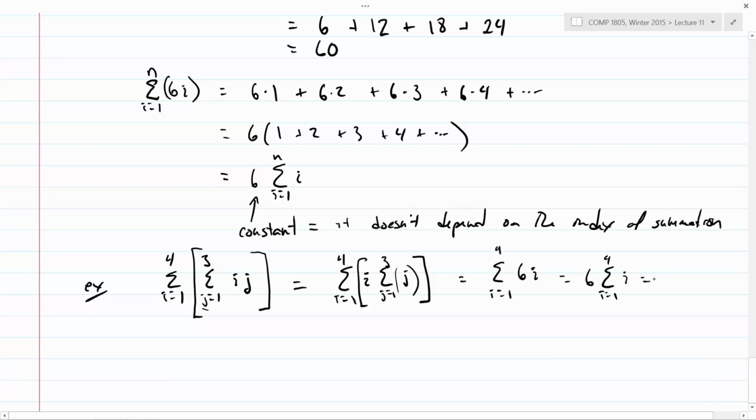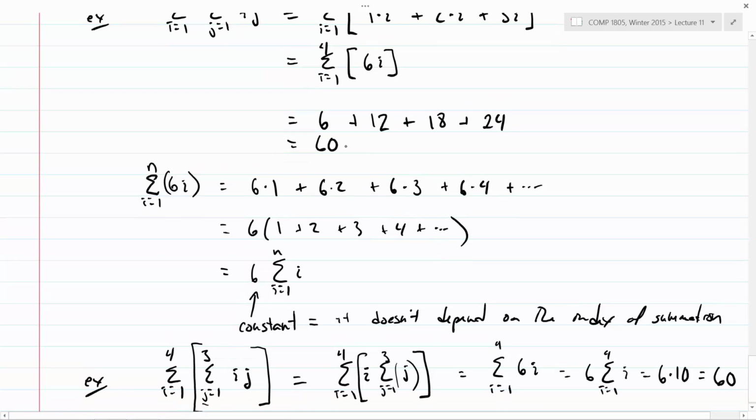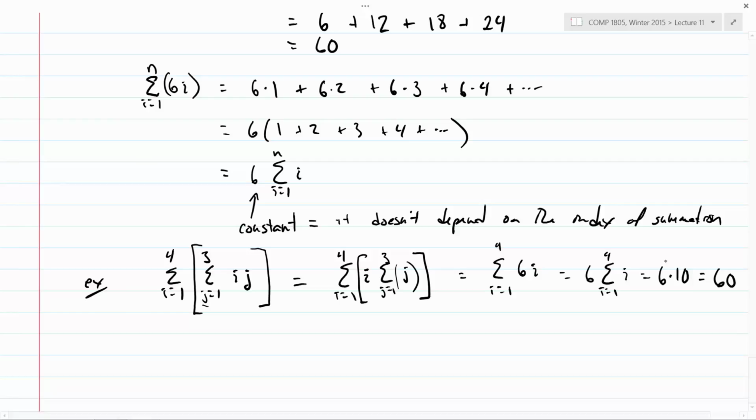What's the sum from i equals 1 to 4 of i? 1 plus 2 plus 3 plus 4 is 10. So this is 6 times 10, and that's 60. And not too surprisingly, if we look up here at our previous answer, we got 60. So it matches up. And once you get more experience, you'll find that this approach is easier because it has fewer steps. And the more steps you do, the easier it is to make a mistake.